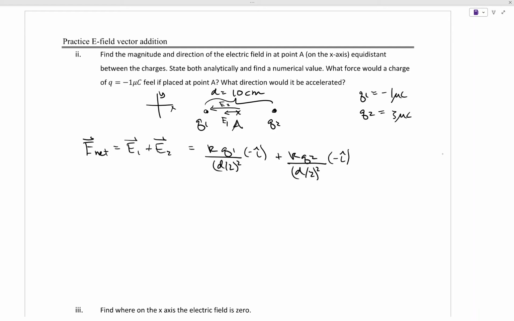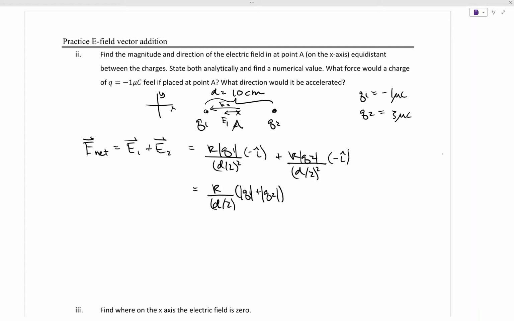So notice we could consolidate this a little and pull out all the stuff that's the same. And we're left with Q1 plus Q2. Now, bear in mind, these are just the magnitudes. We've accounted for the direction information already, so we don't want to double count this negative sign on Q1.